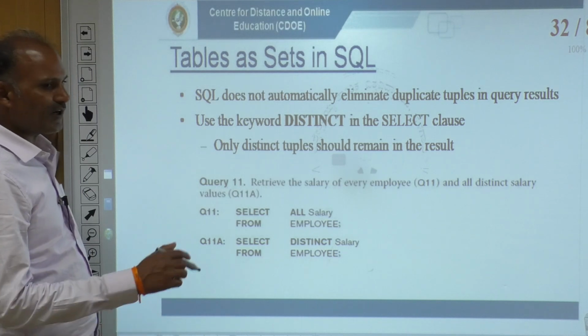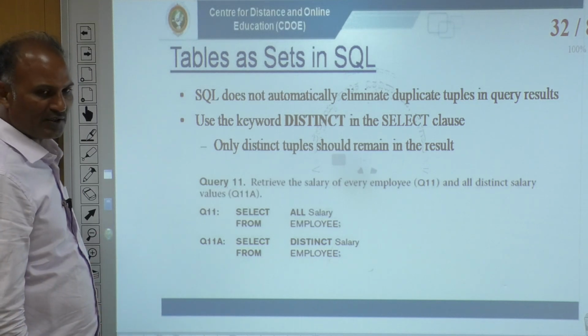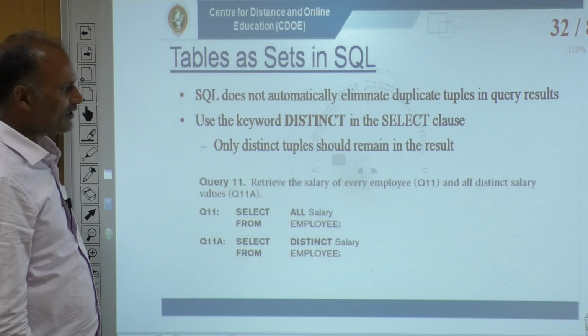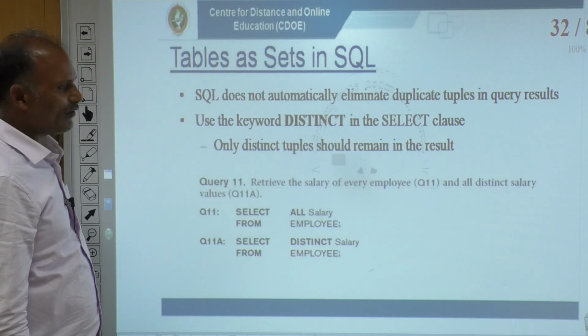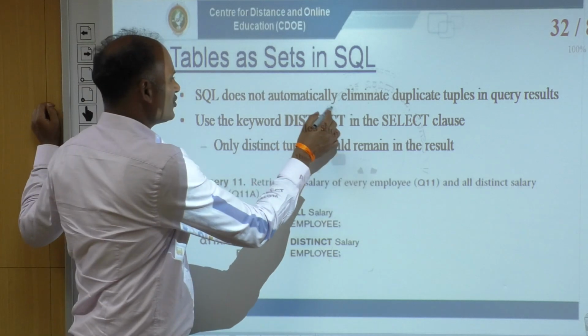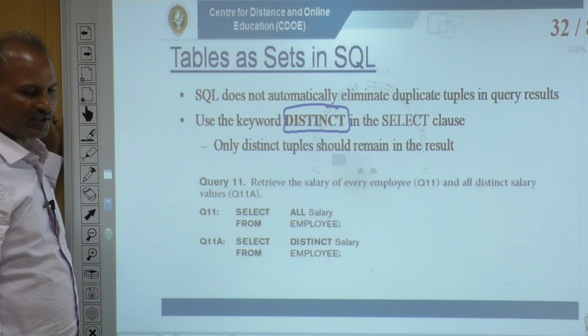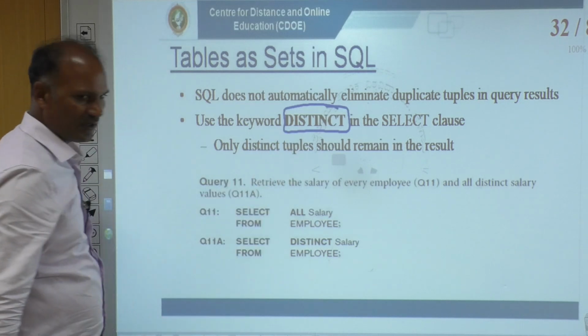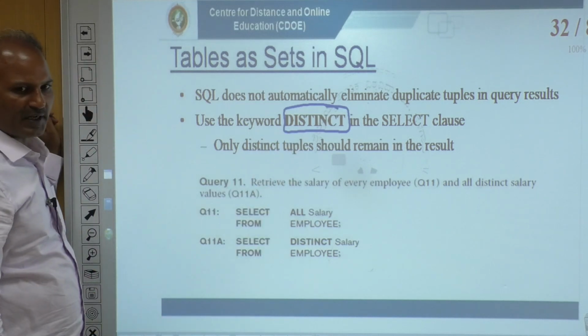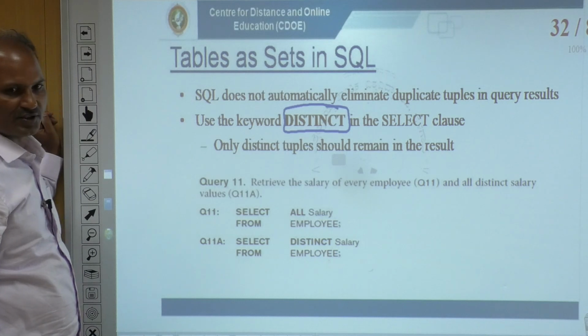Now, when you want to eliminate or remove the duplicate data from the resultant table, we are going to use a keyword called distinct. This distinct keyword tries to remove the duplicate values present in the resultant table.